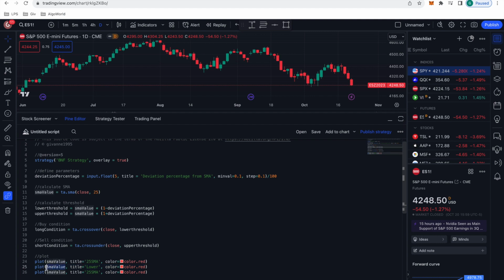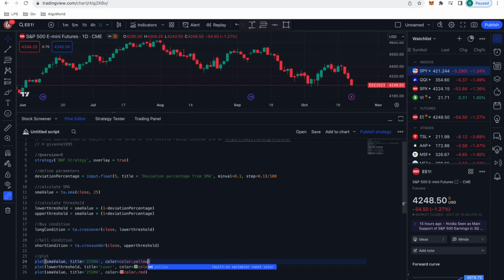And we're going to do a lower threshold, color dot. So the lower threshold is where we're going to buy, so we're going to do green. Actually, you know what? Let's just make this a neutral color. Let's make this blue or something. Actually, let's make it yellow.